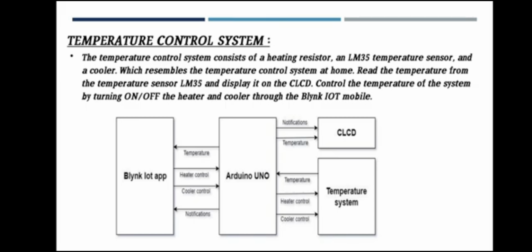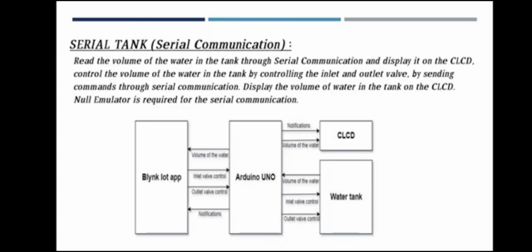Temperature control system. The temperature control system consists of a heater, a resistor, an LM35 temperature sensor and a cooler, which resembles the temperature control system at home. It reads the temperature from the LM35 sensor and displays it on the CLCD. We control the temperature of the system by turning the heater and cooler on and off through the Blink IoT mobile app.